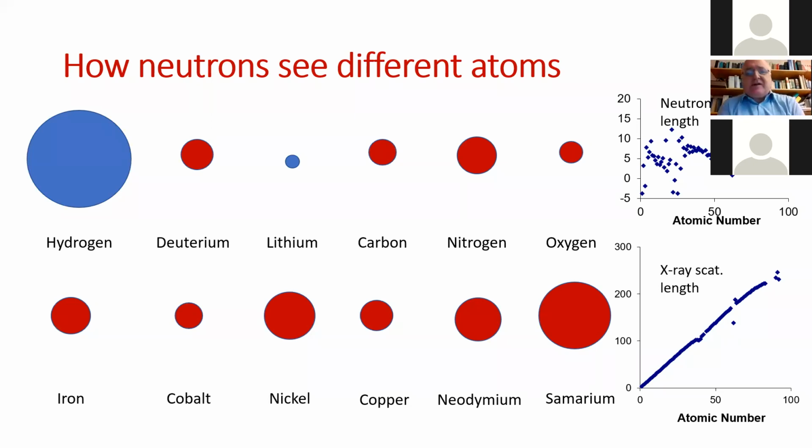The nuclear physicists would not like that statement. It's not, as you can see in this plot, quite random, but it is beyond the scope of this lecture to talk about the nuclear structure and how it will influence the scattering length. But you can see that one can observe these light elements like hydrogen, deuterium, carbon and oxygen just as well as one can see heavy elements.